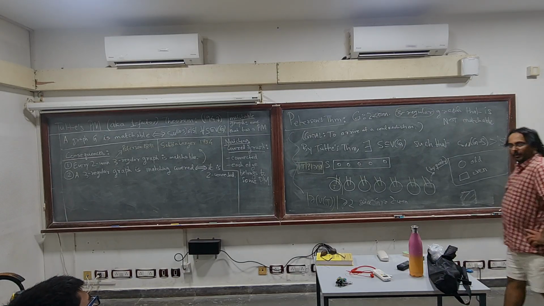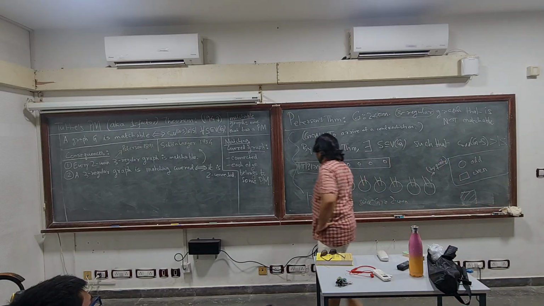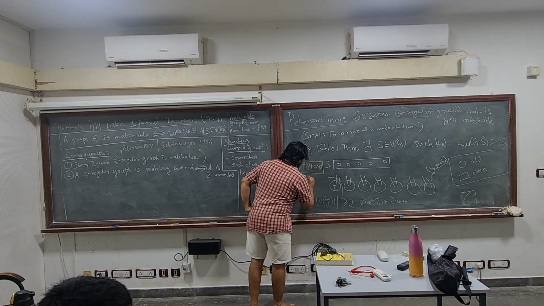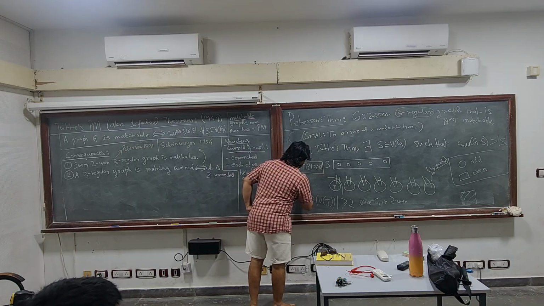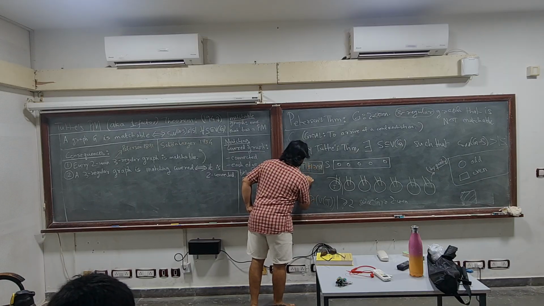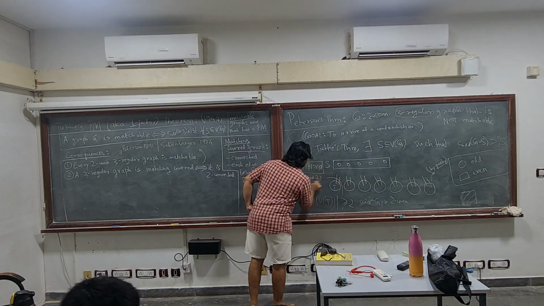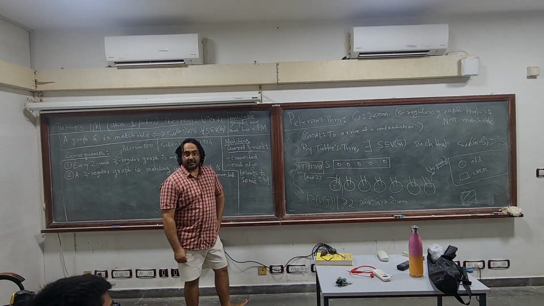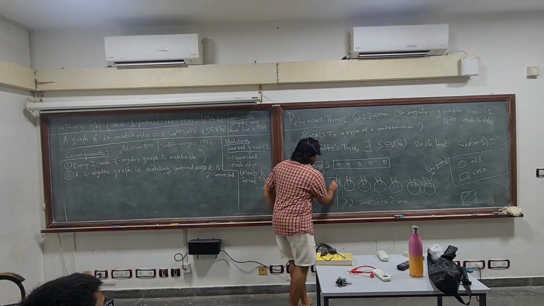They are congruent mod 2. We have seen this earlier today, in the context of perfect matchings. So therefore, how many edges coming out of each? At least 3.